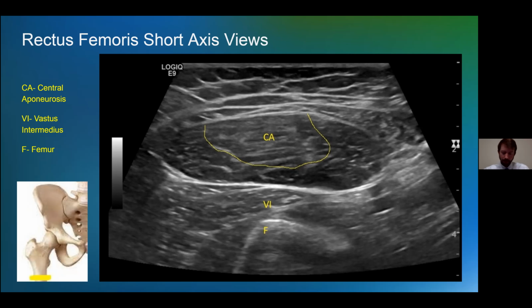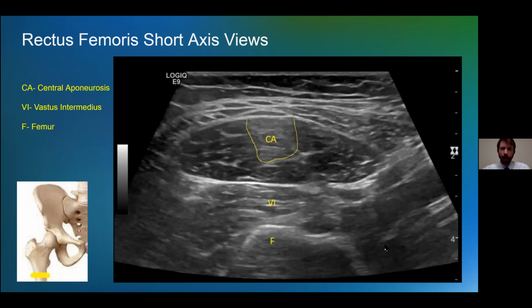And you're going to note as we go through the next couple images, as we scan proximally, the fibers of the direct tendon are going to flatten out and they're just going to become superficial within the muscle. So as we scroll upward, our central aponeurosis gets a little bit more tightly packed. This is our vastus intermedius here, and then the femur just underneath.